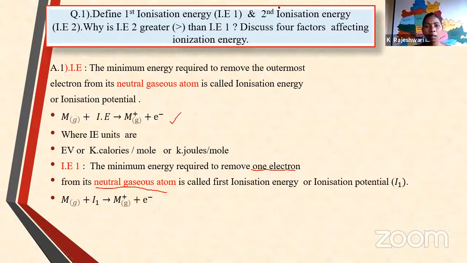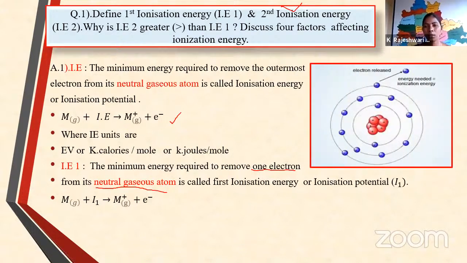Now, in the question they ask about second ionization energy also, so let us see the definition. In the picture you can see the electron is released when you apply the ionization energy. The amount of energy required when you remove the electron is known as ionization energy.